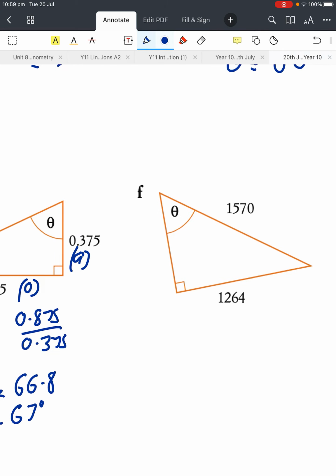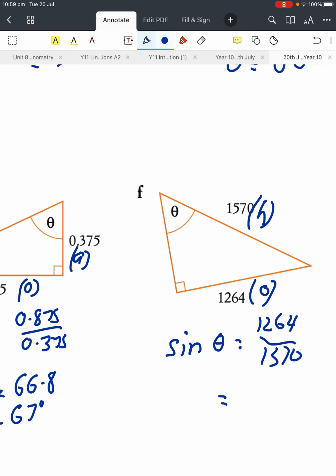Again, pause it, try to work out, is this a sine, cos or tan question? Okay, this is the opposite. This is the hypotenuse. So this is a sine question. So it's sine of the angle we're trying to find, it's called theta, is equal to opposite over hypotenuse.